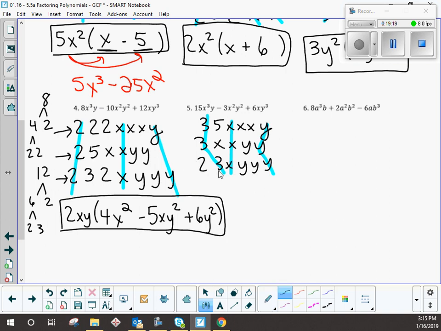Writing 3xy, let me come down here. So 3xy times the leftovers is 5x squared. Minus comes from the problem right there. xy. And then plus 2y squared.